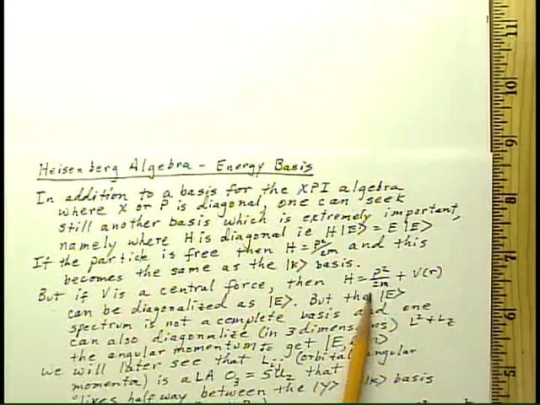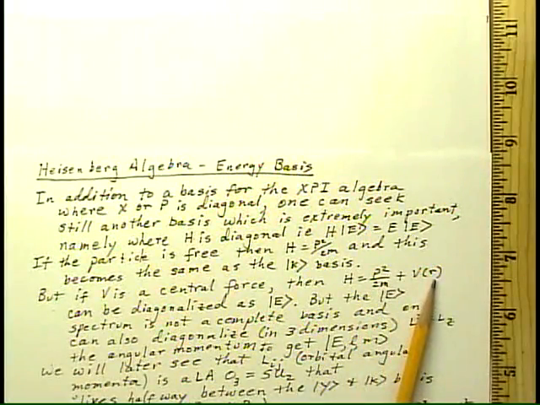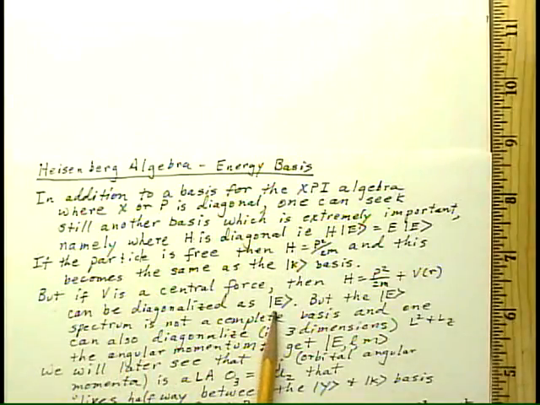H is now p squared over 2m plus V of r, if this is a central force, and can be diagonalized as some eigenvalue E. But the E spectrum is not a complete basis, and in 3 dimensions one can diagonalize other operators, as you know from quantum theory, namely L squared and Lz, the angular momentum and its z component, to get the energy, the angular momentum, and its z component.